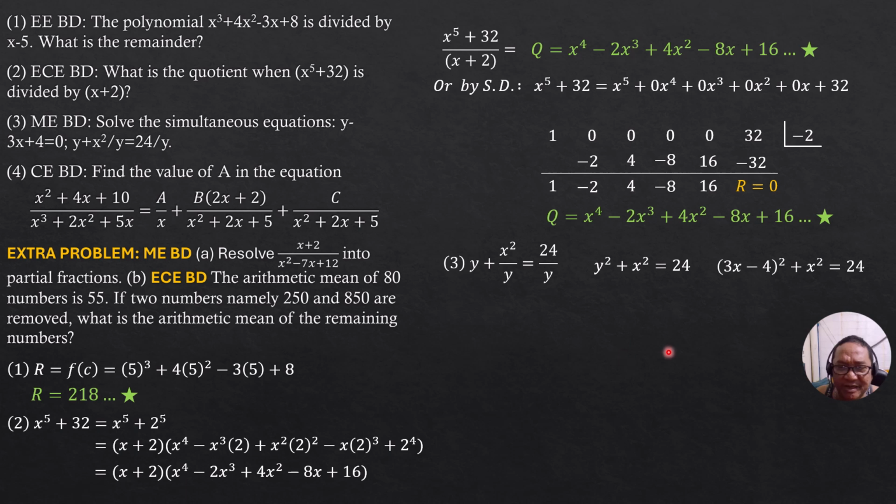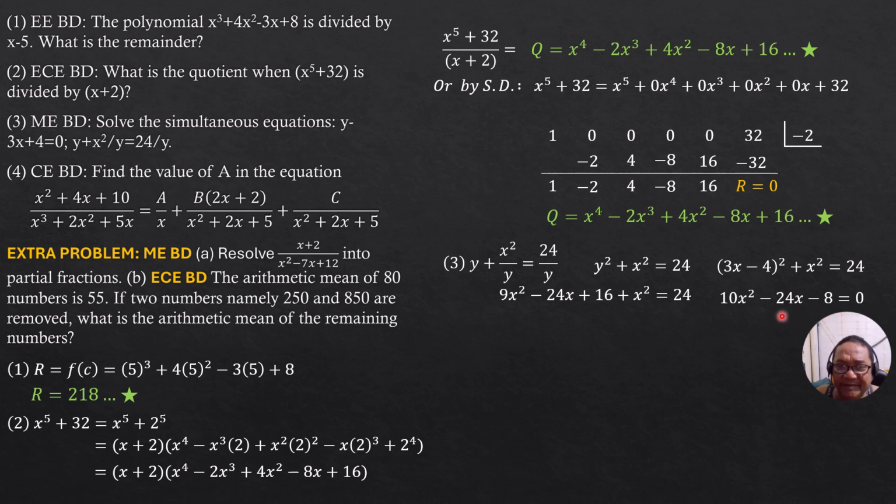Into this equation: 3x minus 4 squared plus x squared equals 24. Expand: 9x squared minus twice the product, so minus 24x, plus square of the second. So this is 9x squared minus 24x plus 16 plus x squared equals 24. Combining like terms and simplifying, 10x squared minus 24x minus 8 equals 0.